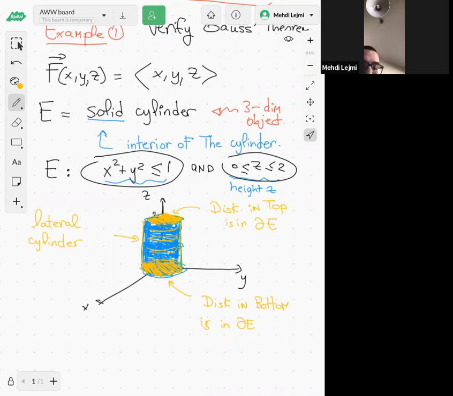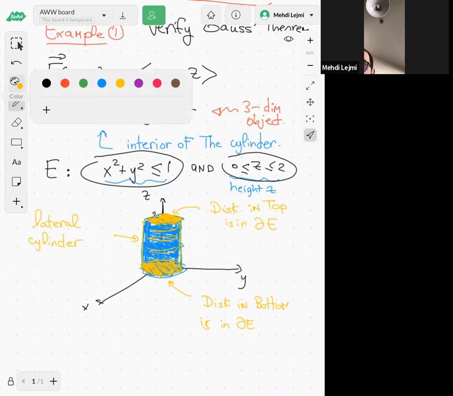So the lateral cylinder can be described, and we need to describe the boundary of E anyway. Before verifying the Gauss theorem, we need to orient the boundary of E, right?